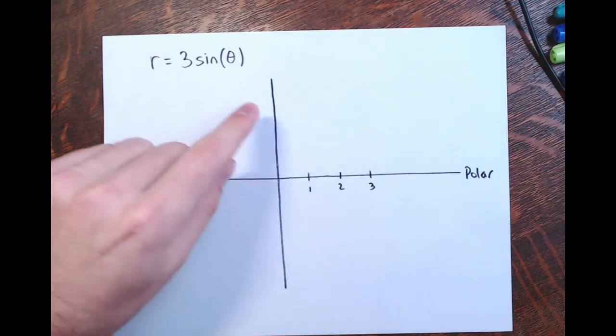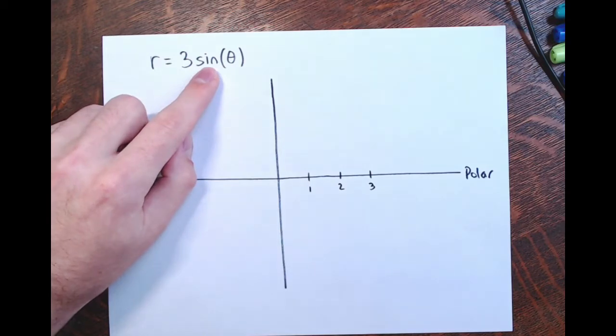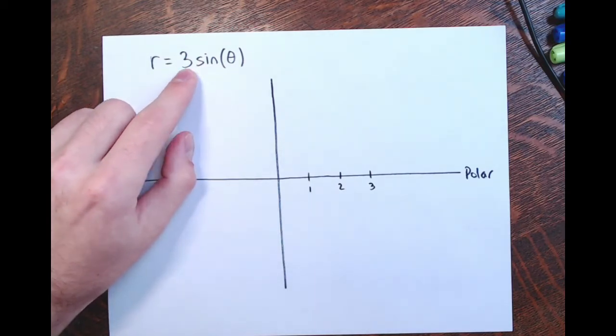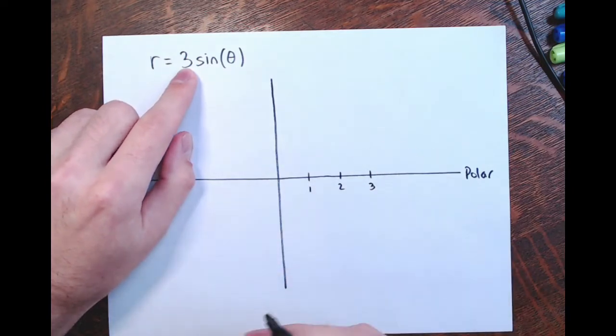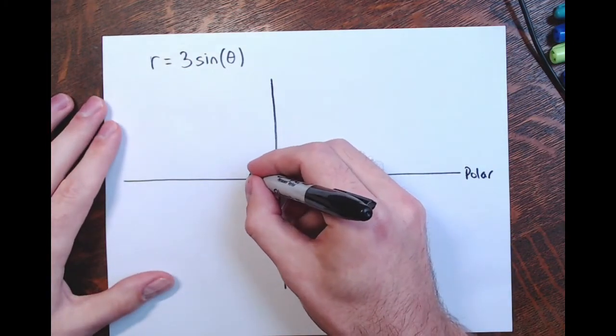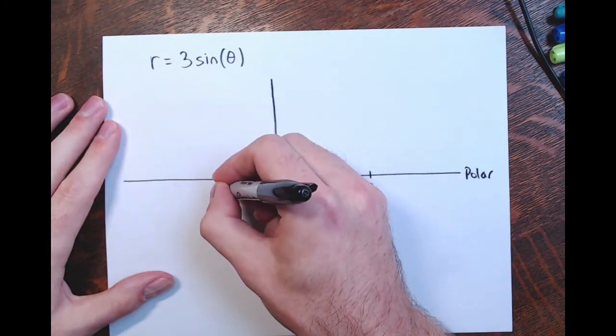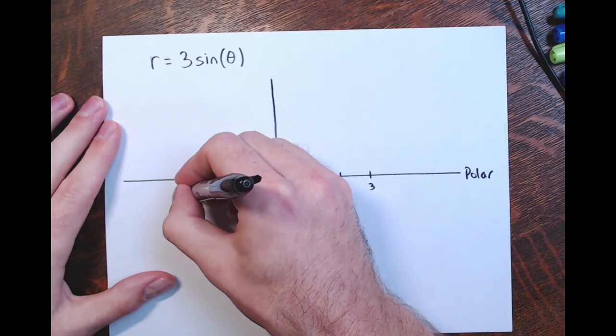because remember the value of the sine of theta, the largest that's going to get is 1, and the smallest it would get is -1, and then multiplying by 3 means the largest any r is going to get is 3, and the smallest it'll get is -3. Alright, so I got -1 on the polar, -2 on the polar, and -3 on the polar.